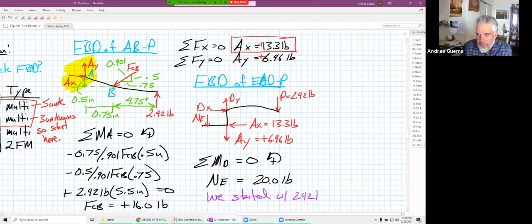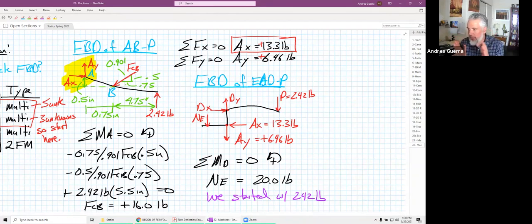Again, we started with 2.42 pounds. We applied 2.42 pounds to our handle. That's almost a 10-time magnification from that original applied P to the force that we're exerting. These are a pair of pliers that fit in the back of your pocket, only like 5.5 inches long.